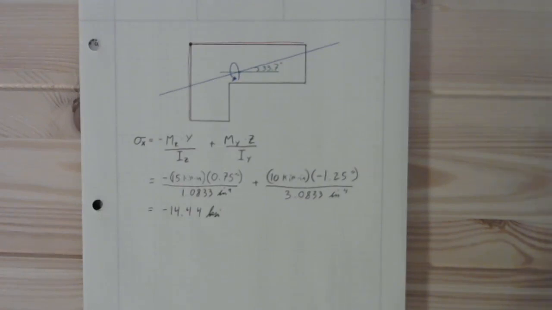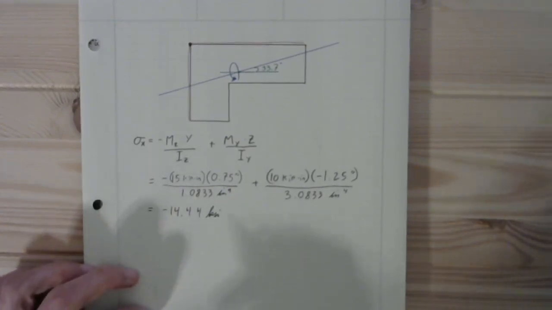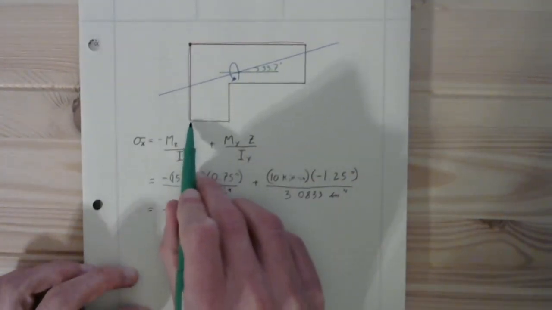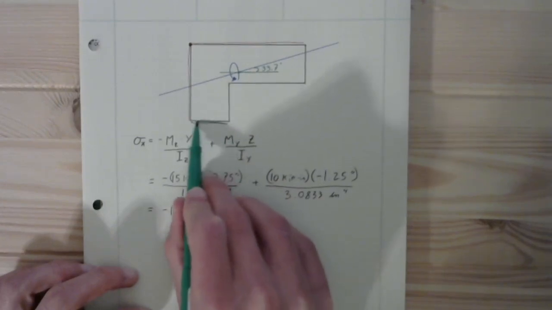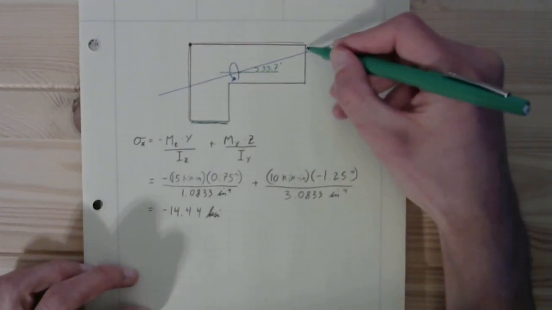However, the maximum tension is a little bit trickier. The maximum tension due to the moment about the z-axis is going to be down here on this bottom. And the maximum tension due to the moment about the y-axis is going to be over here.